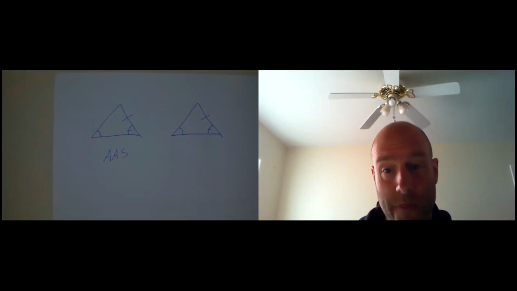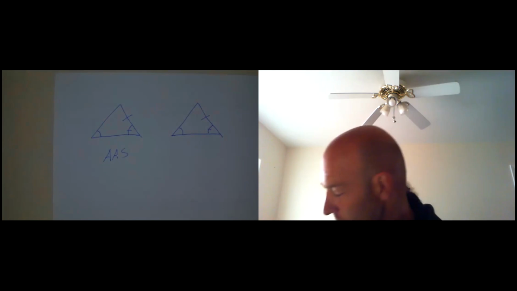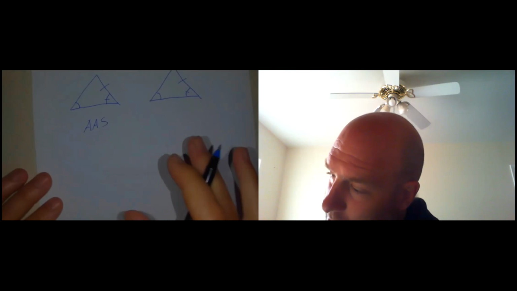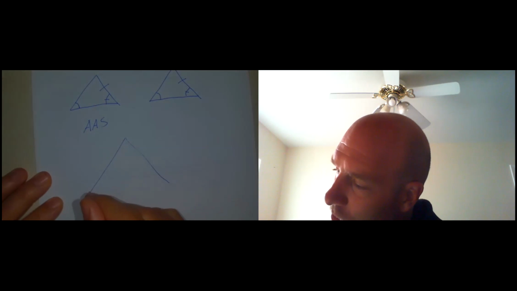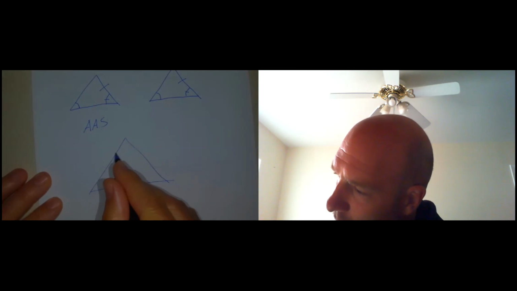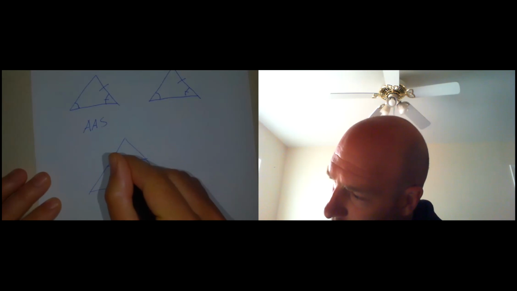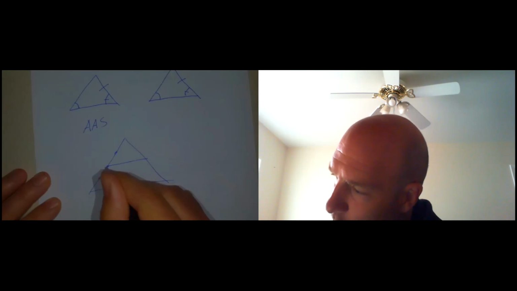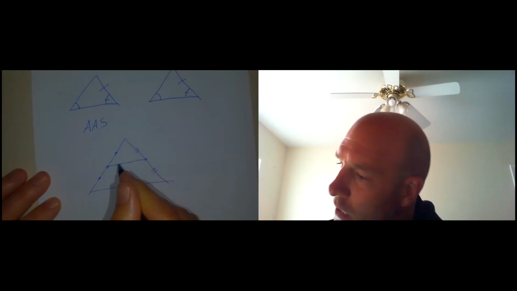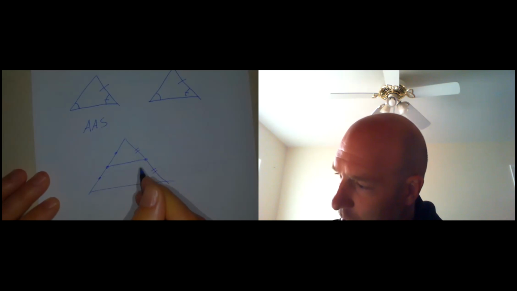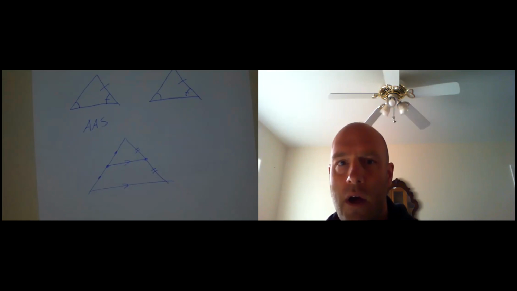The last theorem before we jump into formulas, the last theorem from this section, was the midline theorem, and it said that if the midpoints of two sides of a triangle are connected, so this has to be a midpoint and this has to be a midpoint, then the resulting segment is parallel to the third side and half of its length.